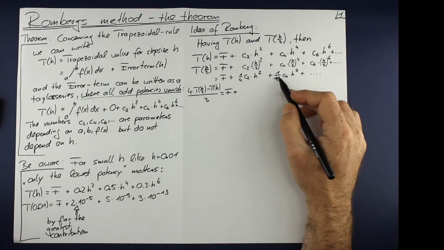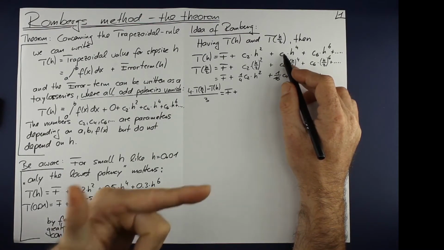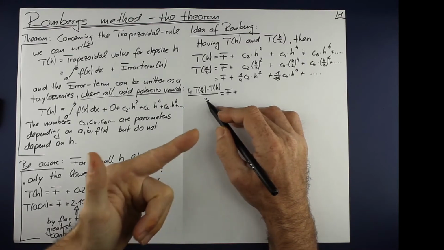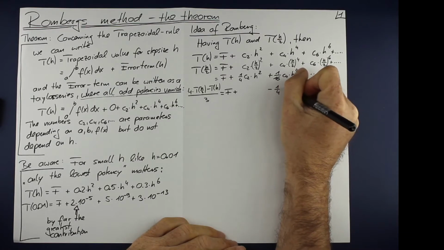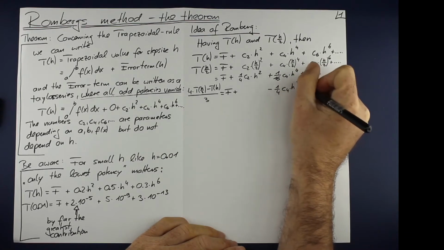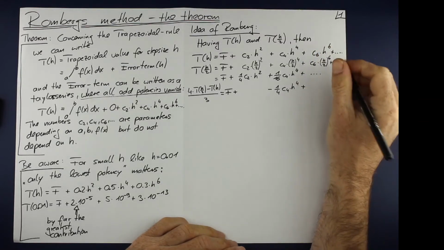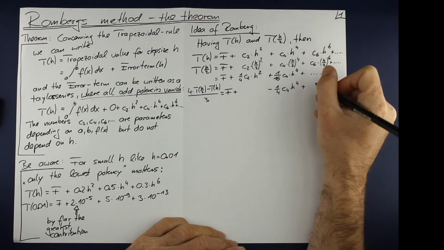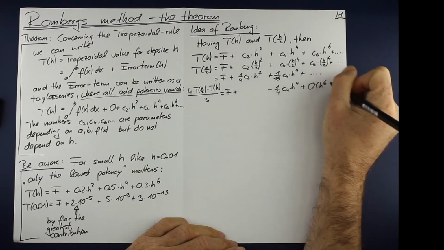4 times that is a quarter, minus that is minus 3 quarters, divided by 3 is minus 1 quarter. Minus 1 quarter c4 times h to the power of 4, and here something with h to the power of 6, and we can write that this way.